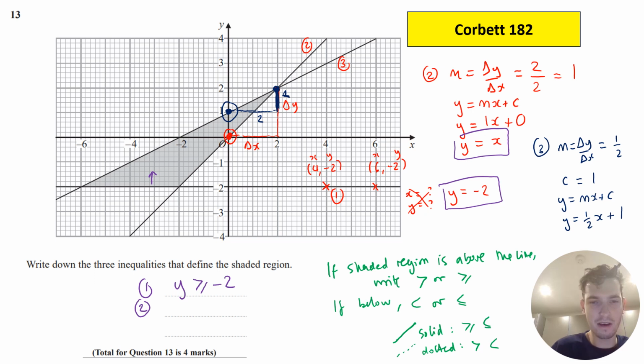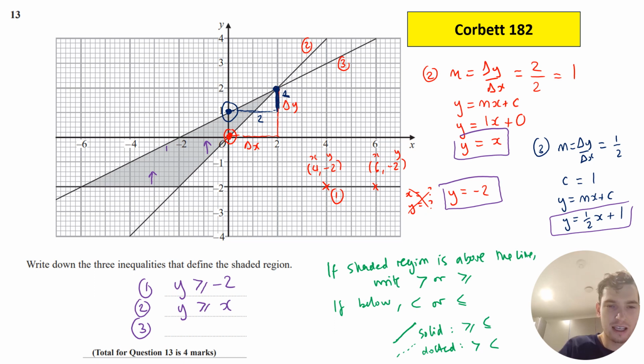Well, if you have a look at the shaded region, I think the shaded region is, again, above that line. So I'm going to use y is greater than or equal to x. And then finally, with equation 3, if you have a look at that line, I can see that the shaded region is below that line. So this time, I'm going to use less than or equal to a half x plus 1.